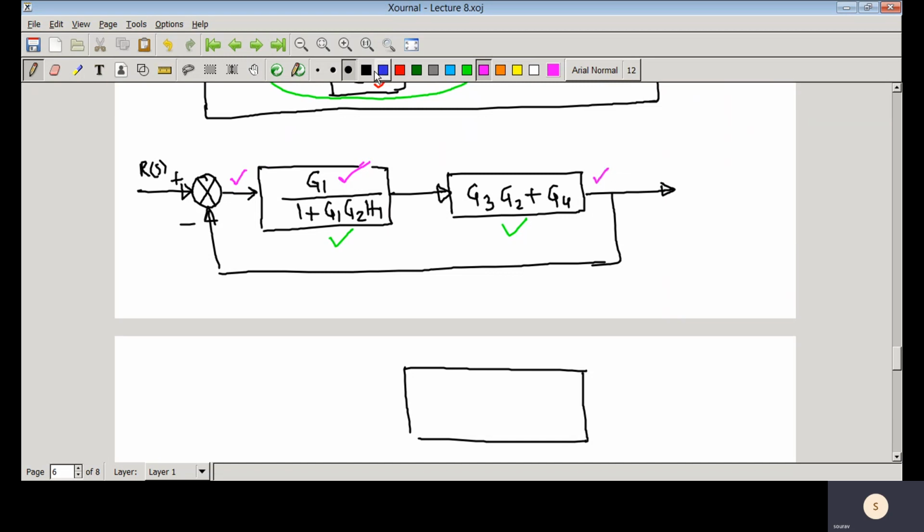The transfer function is G1 into G3 G2 plus G4 divided by 1 plus G1 G2 H1. So this is the transfer function from this particular point to that particular point.